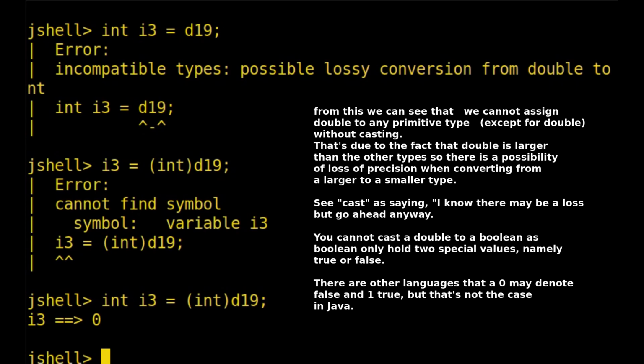So see cast as, in this case, I know there may be a loss, but go ahead and do it anyway. But note that you cannot cast a double to a boolean, as a boolean only holds two special values, which is true and false. There are other languages where they treat the boolean as 0 and 1 as true and false, but that's not the case in Java.